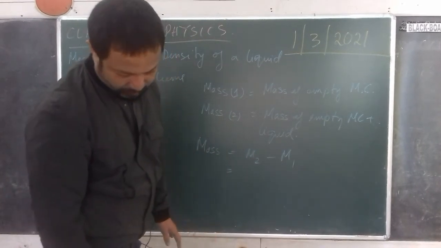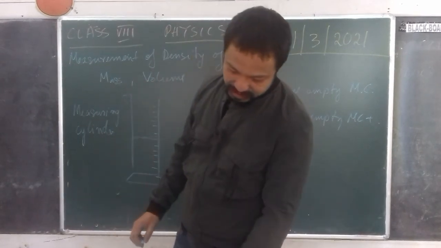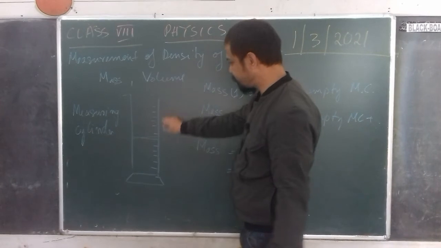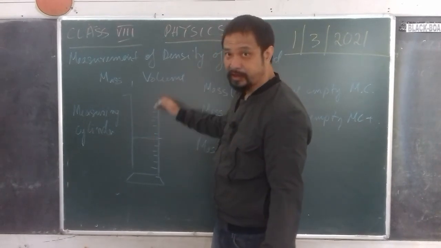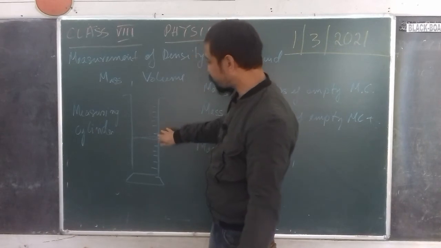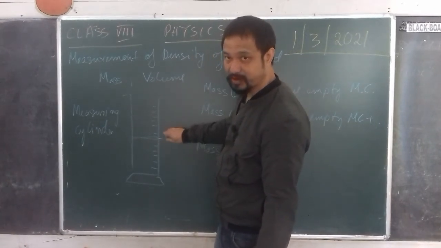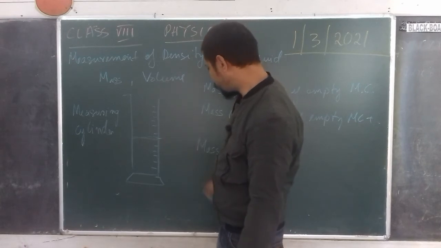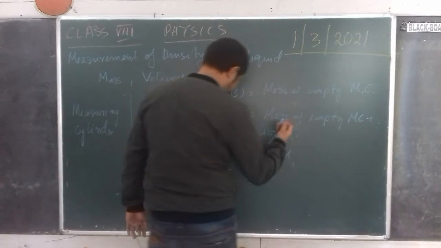Now, for the volume of the liquid, whenever you put the liquid inside the measuring cylinder, it already has gradations, it is graded. So from there you can find the volume of the liquid with the help of the measuring cylinder. So volume will be noted, and mass is given to you based on this.